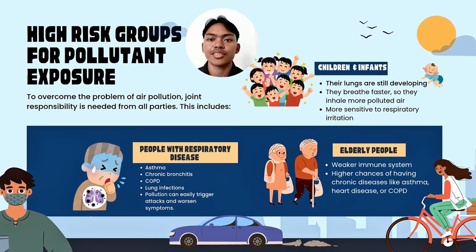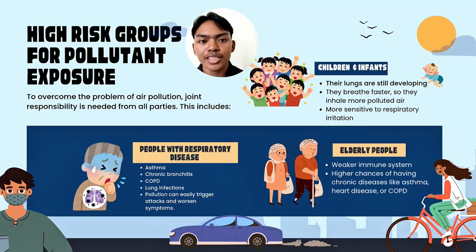Hi everyone. So now we will talk about high-risk groups for pollutant exposure. Based on the Health Organization, there are three groups which have a higher chance to have respiratory disease due to high pollutant exposure. One of them is children and infants.